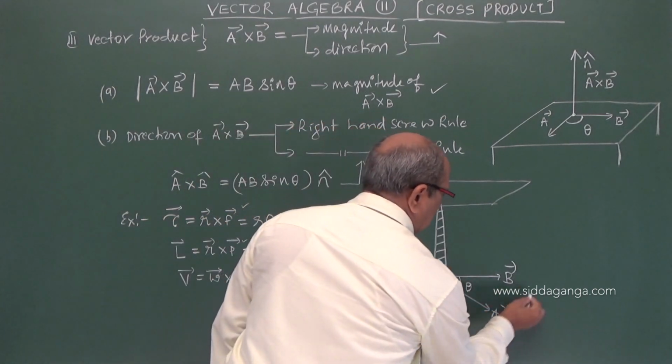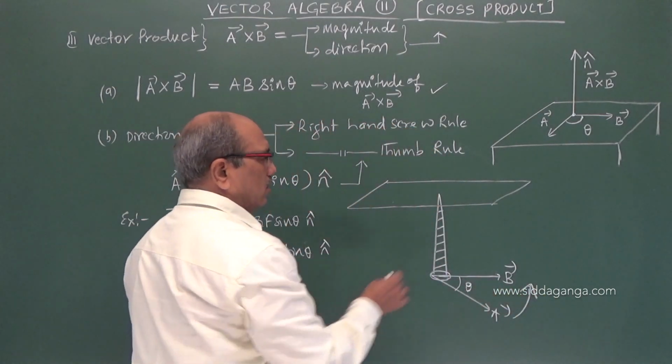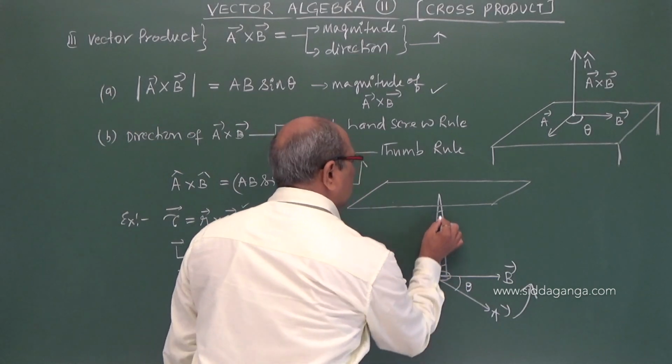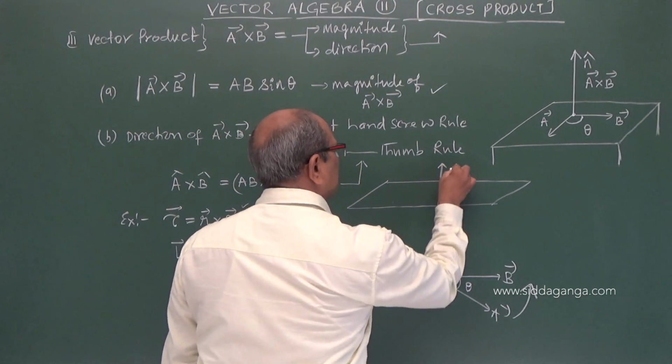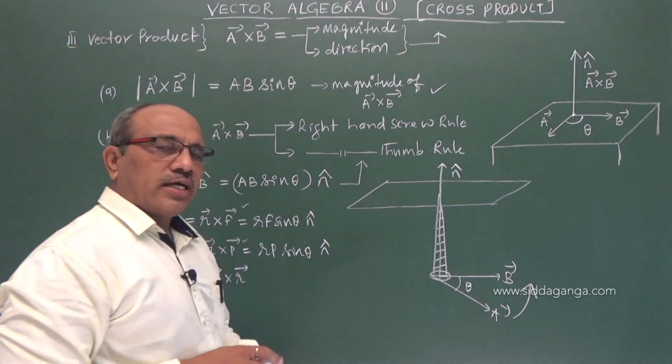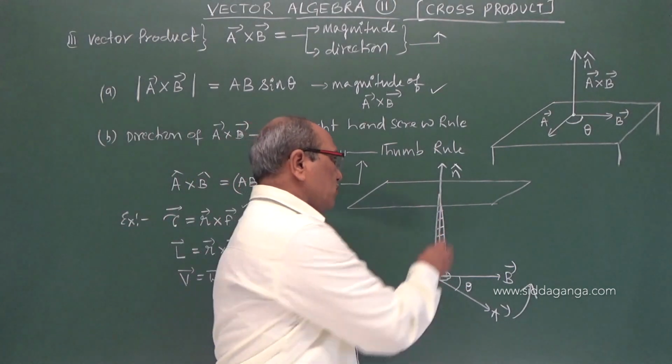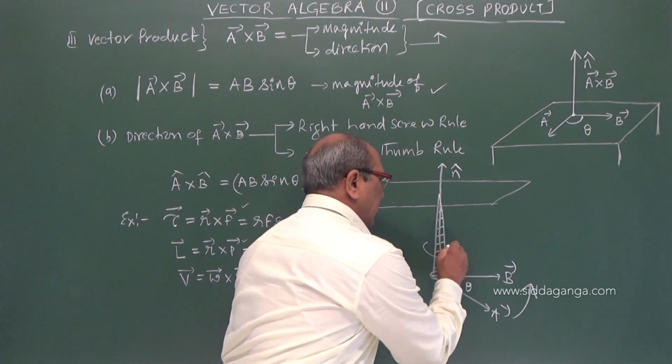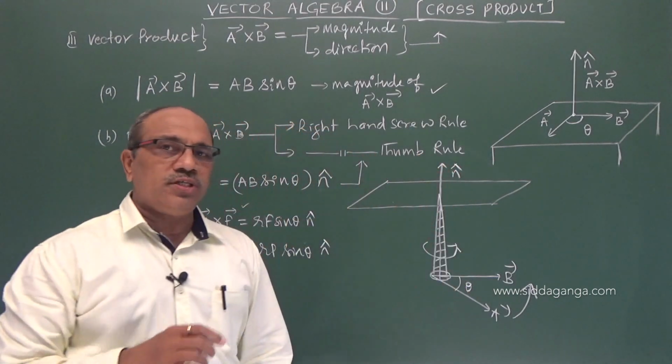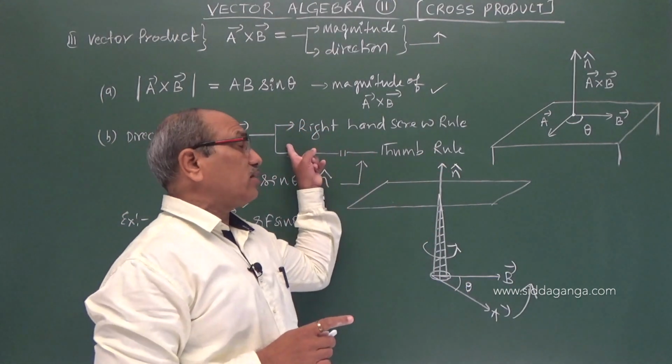When you turn this from A to B, the direction of advance of the tip of the screw when you are rotating like this gives you the direction of the vector product.